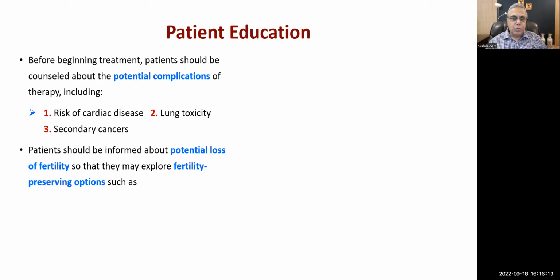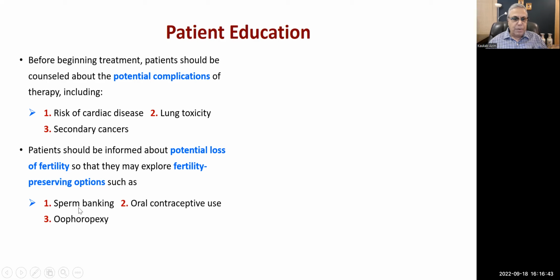It's more common in 2 age groups. One is younger patients, okay, 15 to 24 years or 29 years. So particularly if those are girls, then this loss of fertility is a serious issue. And we have certain things to preserve the fertility of those patients.